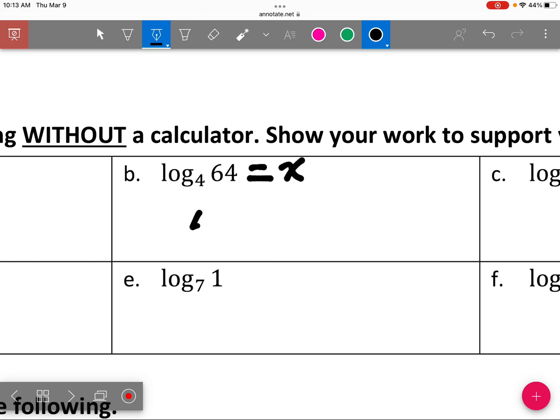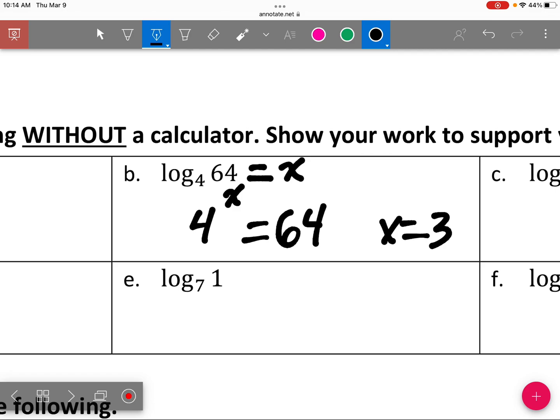My base is 4. My power is, I don't know yet. And I want to know when that equals 64. 4 to the what is 64? To the third. So log base 4 of 64 equals 3.